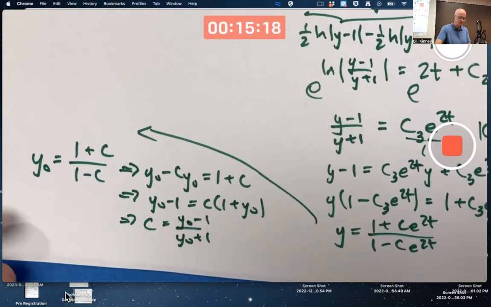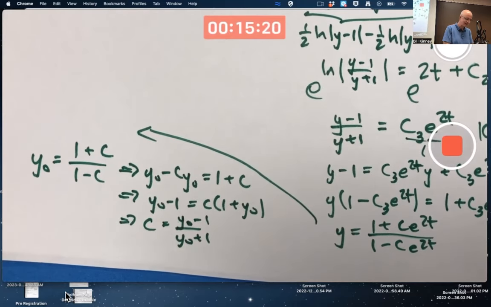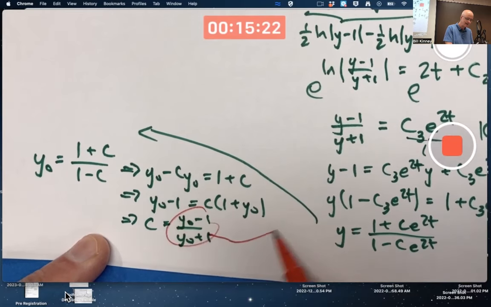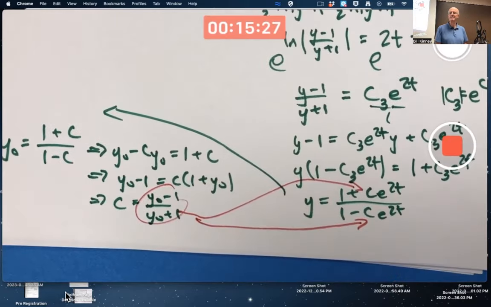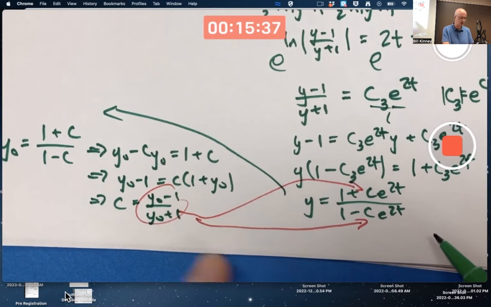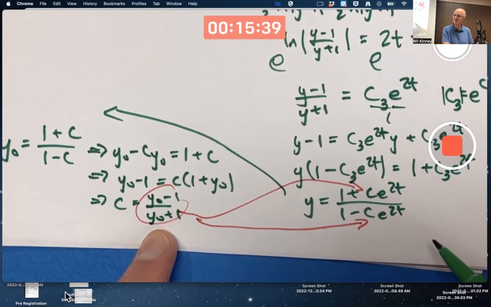Okay. We can now plug this back into here, there, and there. We have fractions within fractions here, so it is beneficial to get rid of them by multiplying the top and the bottom by y naught plus 1 to cancel that bottom fraction.